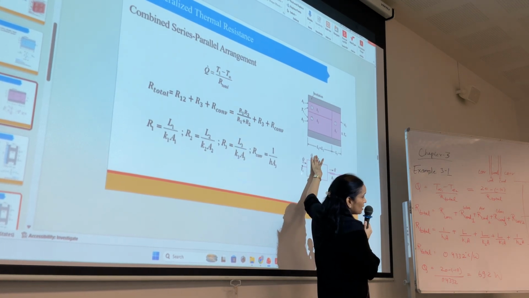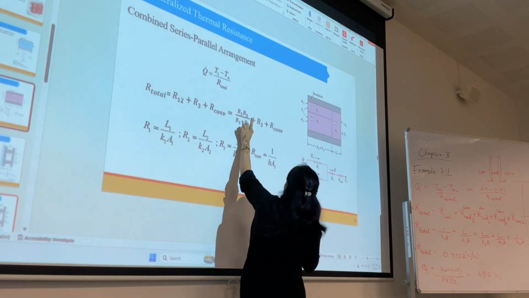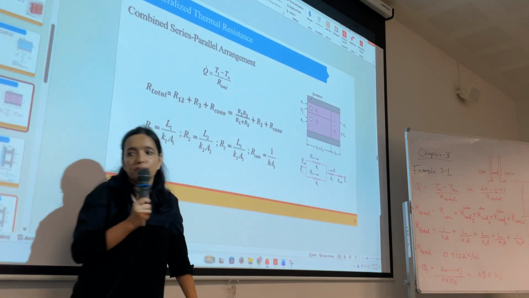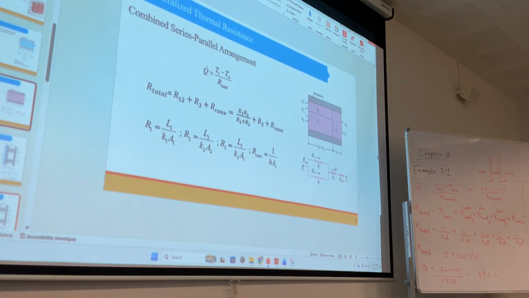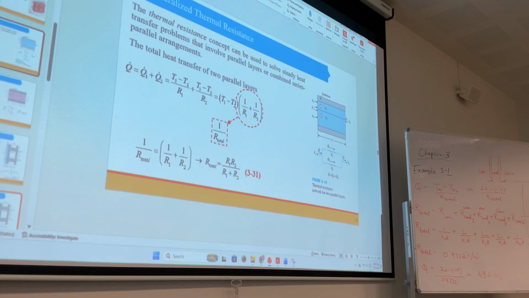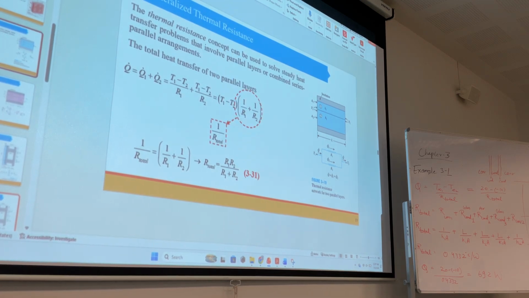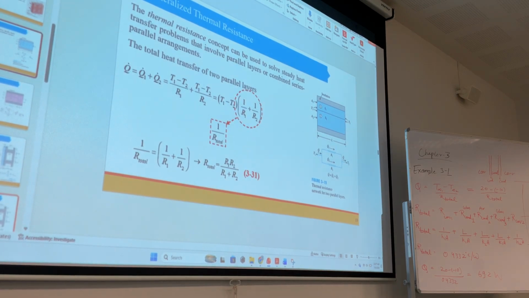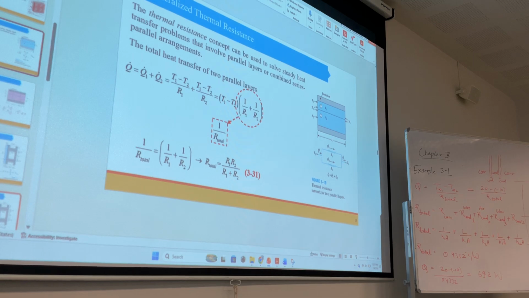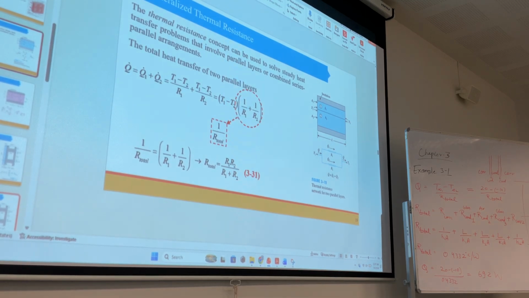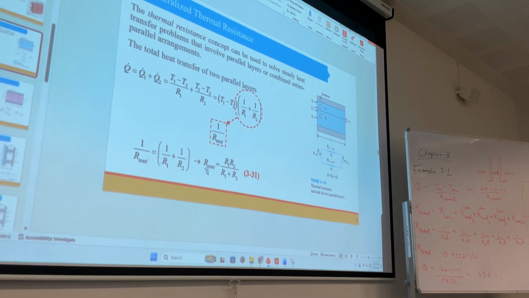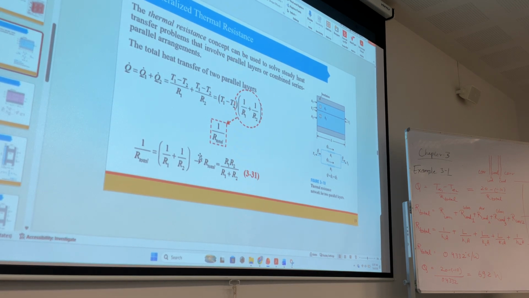So you add the resistance here parallelly, R1 and R2, and then you add it in series. And this is how you get R total.